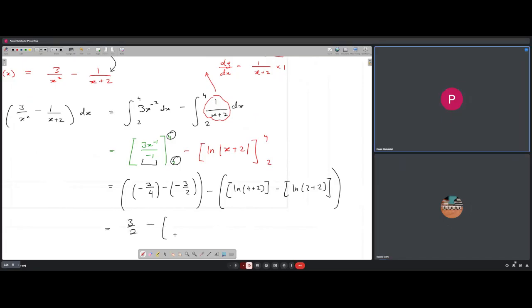Three over 2, and you've got natural log of 6 minus natural log of 4. So then your answer will literally just become 3 over 2 minus natural log of 6 over 4. Rule of logs, you're subtracting 2 logs, so you divide 6 and 4. So your answer should just be 3 over 2 minus natural log of, what would that be? 3 over 2 also.